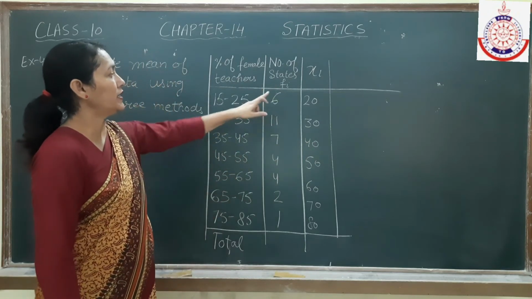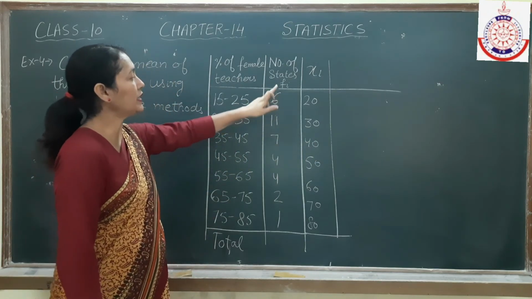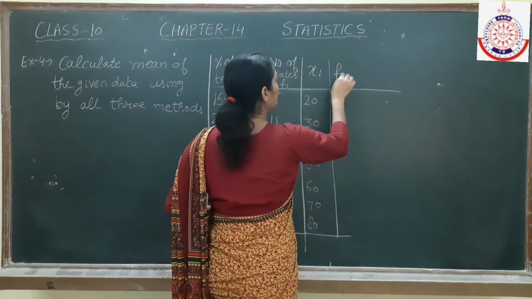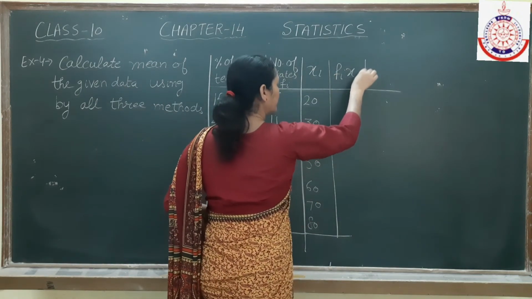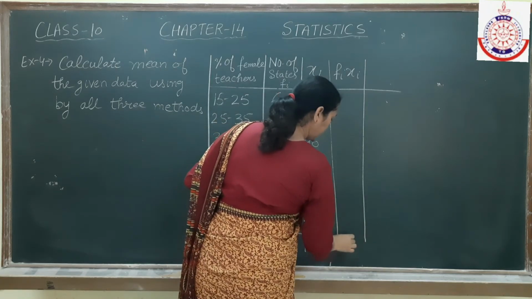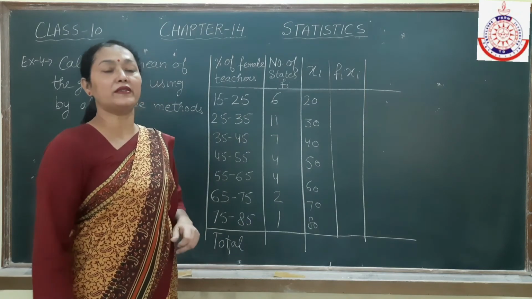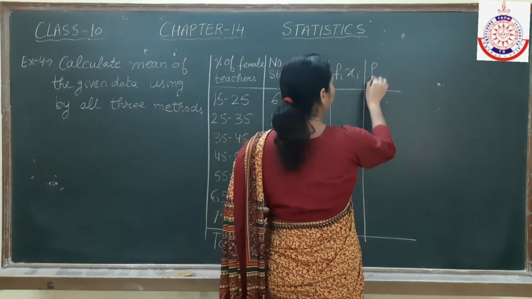Next step. For the direct method, we will be doing Fi xi. For the assuming method, we will be calculating Fi di.